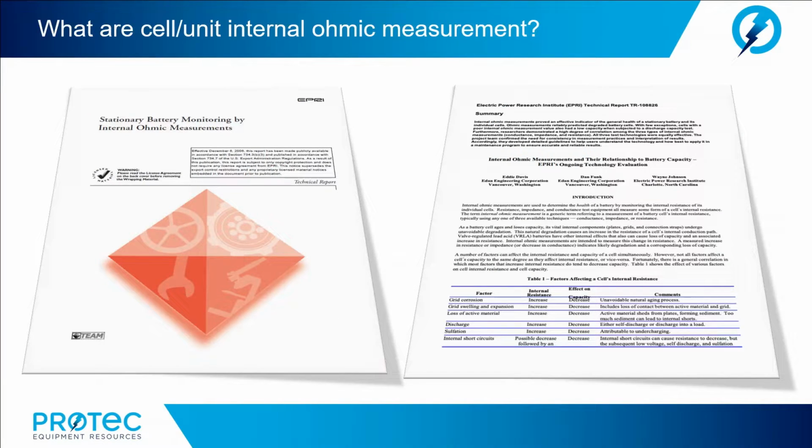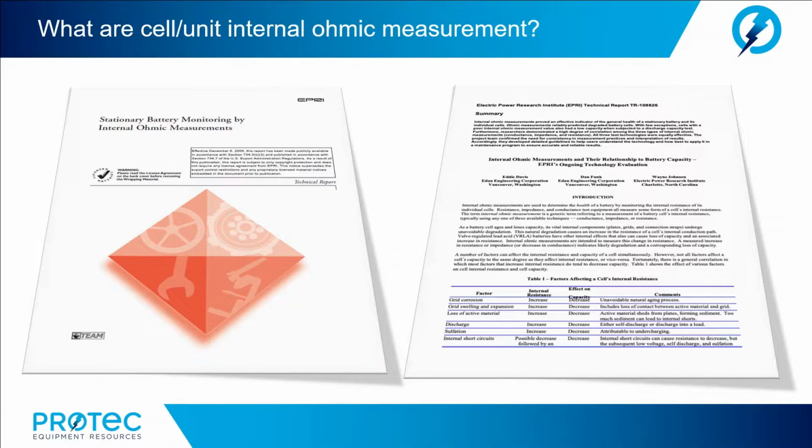Now, since the introduction of ohmic measurements back in 1987, there have been numerous industry papers, white papers from leading domestic battery manufacturers, and others addressing ohmic measurement testing, plus four Electric Power Research Institute, or EPRI, studies to determine the relationship of internal ohmic measurements to the capacity of a lead-acid battery cell.